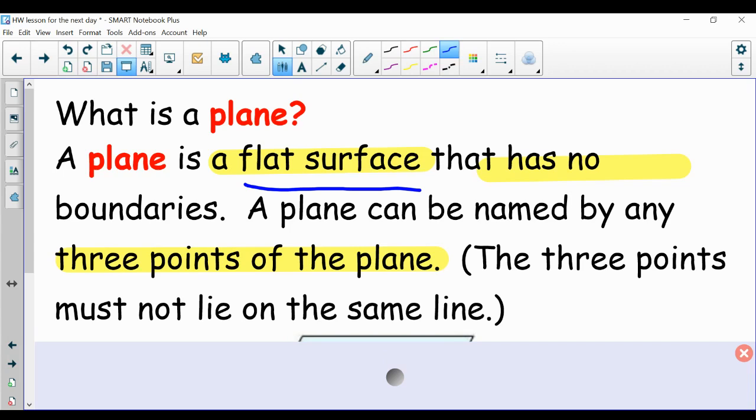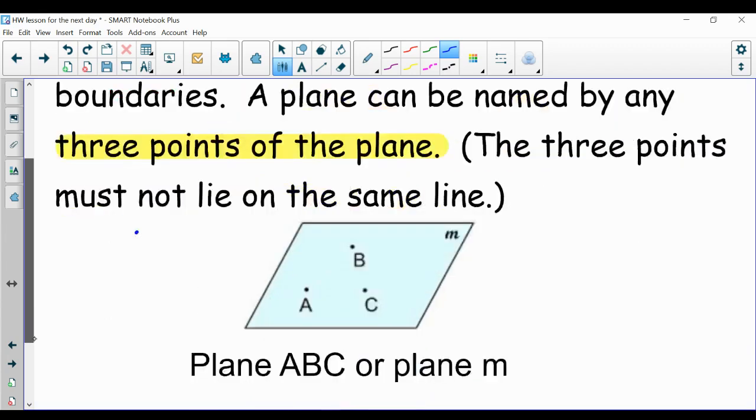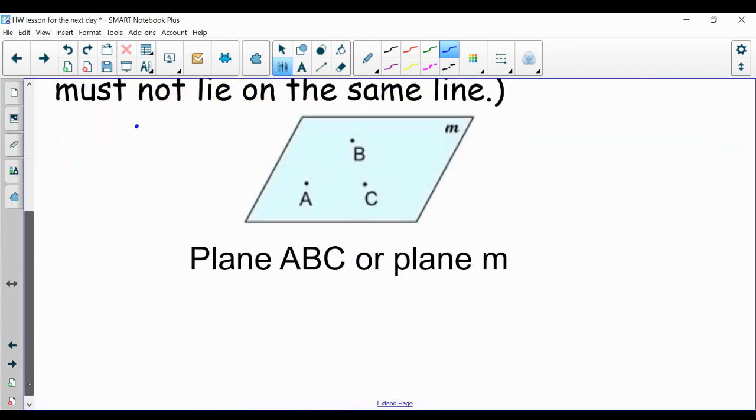Okay, that's a plane. The floor you're walking on, that's a plane. The TV monitor that you're watching, that's a plane. The table that you are writing or eating meals on, that is a plane. Everything that's a flat surface is a plane. So in your life, we see it everywhere. So geometry is very related to our life.